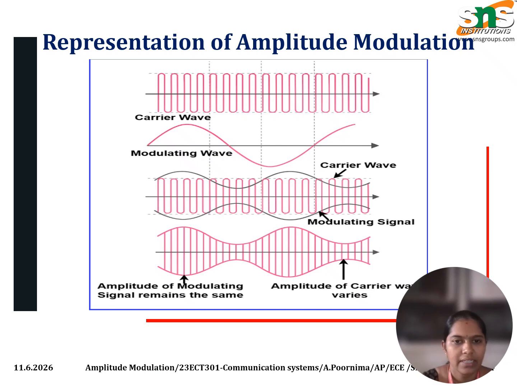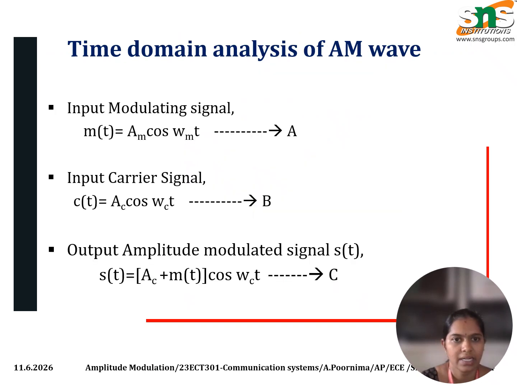So it is as if the amplitude of the modulating wave is overlapped on the carrier wave. As a result, you can see it is amplitude modulated. The fourth graph is the amplitude modulated signal. Here you can see it has very high frequencies, and the amplitude is just the envelope of the modulating signal. Next, we'll see how we can analyze the AM wave in the time domain.